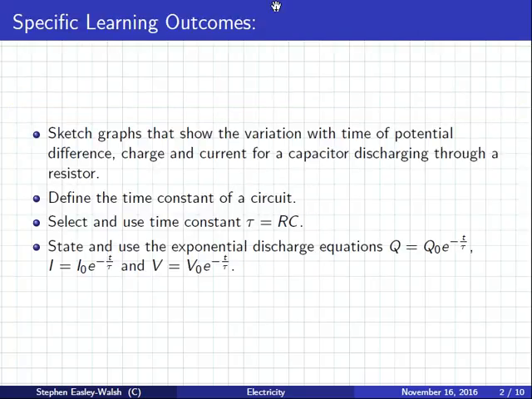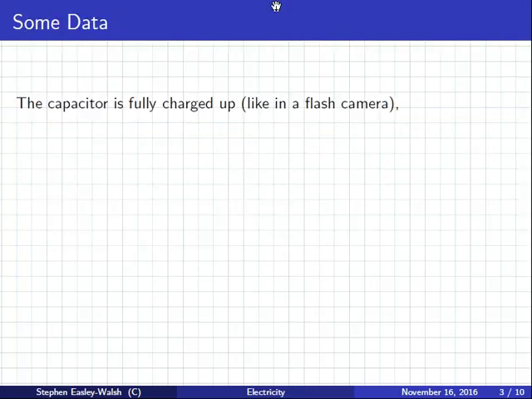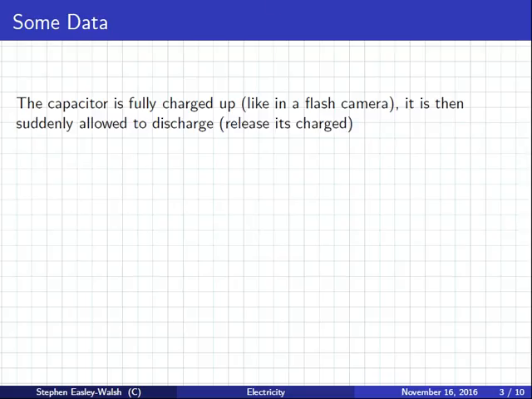Right, so a capacitor is fully charged up, like in a flash camera. And then you allow it to discharge, meaning you let the charge come out through some resistor. For the camera, what would the resistor be, do you think?